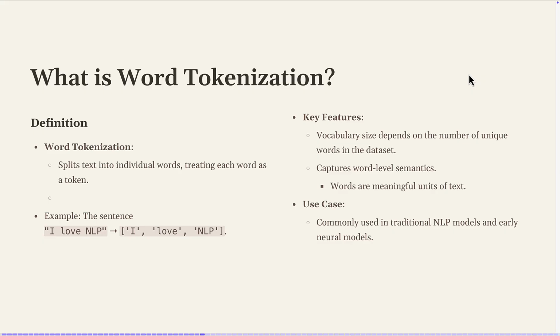This is better in terms of bringing more semantics. The vocabulary size will depend on the number of unique words in the dataset, and it captures word level semantics. It's easier to capture semantics between words rather than between characters, and words are meaningful units of text. But of course, it will be pretty much dependent on the language.